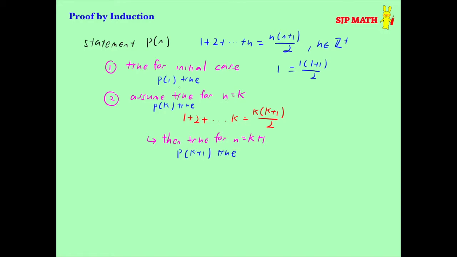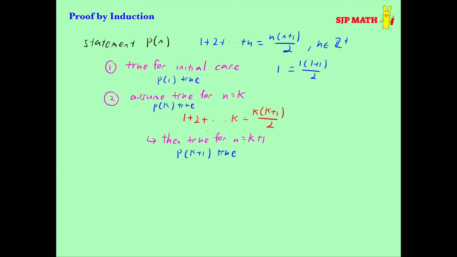Normally math teachers use dominoes as an analogy to explain why this proves it's true for all numbers in the given domain. But I'll just give you a straightforward explanation.